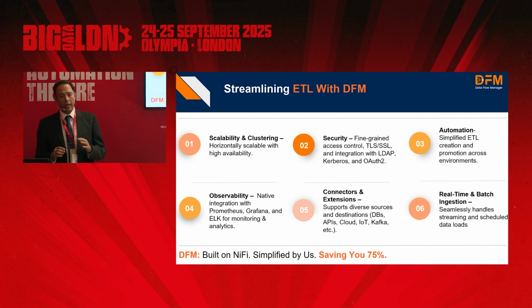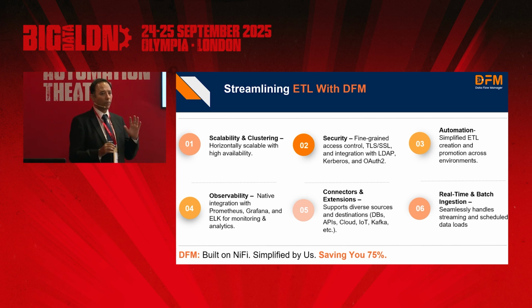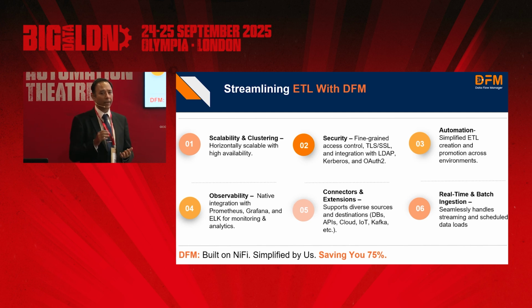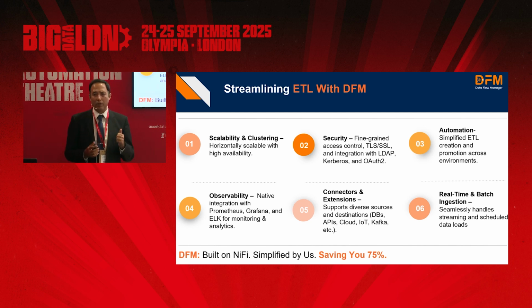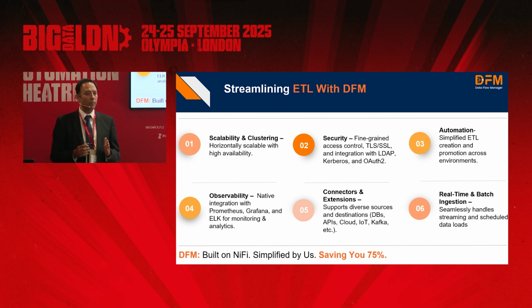Third, it helps in ensuring your ETL development time and deployment time is minimal. DFM has complete automation, not only for ETL generation, but ETL deployment also. And I'll show that in a live demo right now. Fourth, DFM has inbuilt observability metrics.